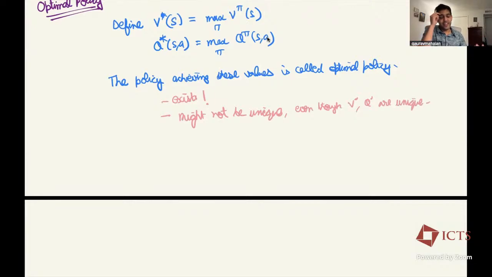That makes sense: if you're winning a chess game, the total V star value is going to be H, or one, some constant. So V star is fixed, but the policies which achieve optimal play might be many.